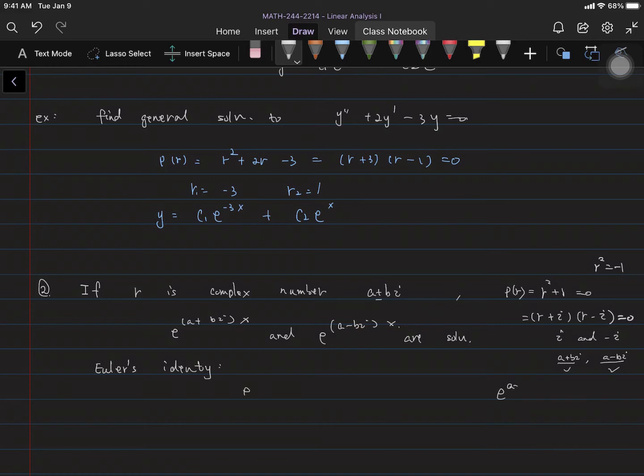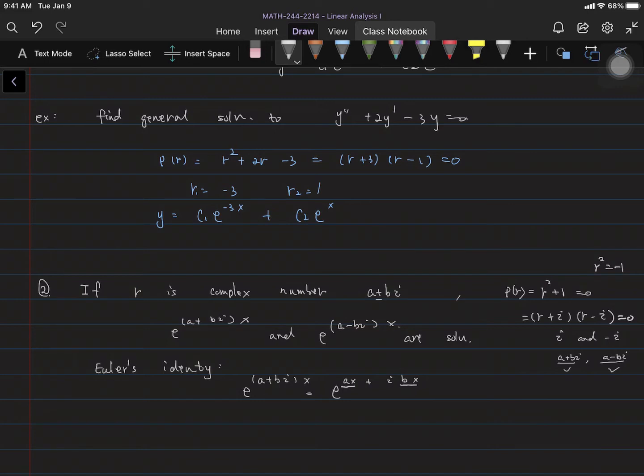Euler's identity means what? I'm going to write down this formula here. e to the a plus bi x, we simplify this a little bit, equals e to the ax plus i bx. So this is the real part, that's the complex part, right?